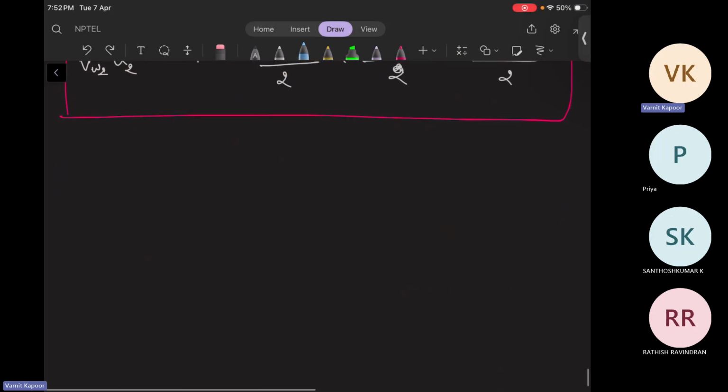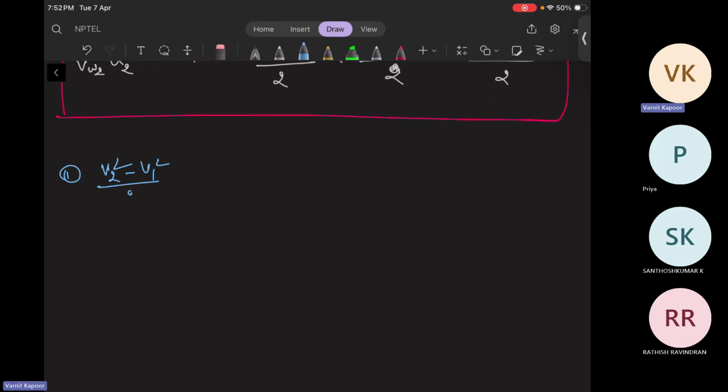Right. The first term (V2² minus V1²)/2 is impulse effect.